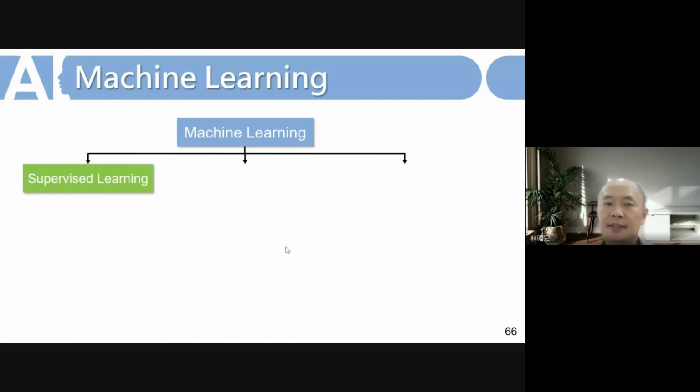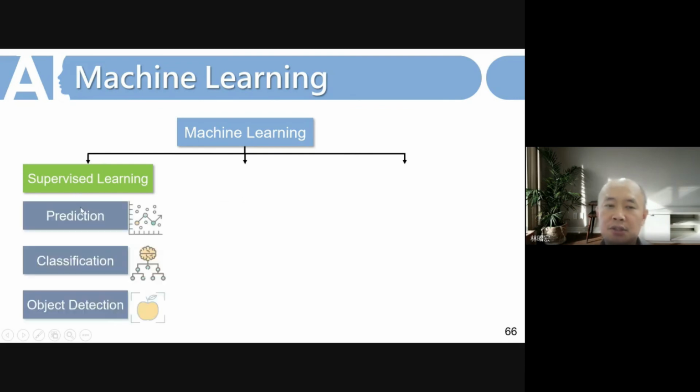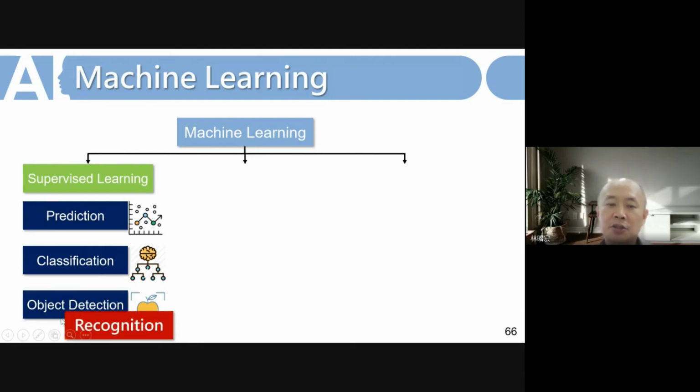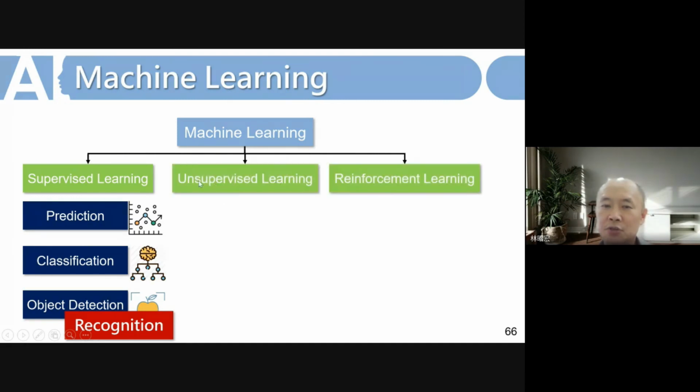You know that in machine learning, there are 3 different kinds of learning. Supervised learning, such as prediction and classification, is a typical task in supervised learning. It belongs to recognition. Then actually, unsupervised learning has in these years become more important than supervised learning.